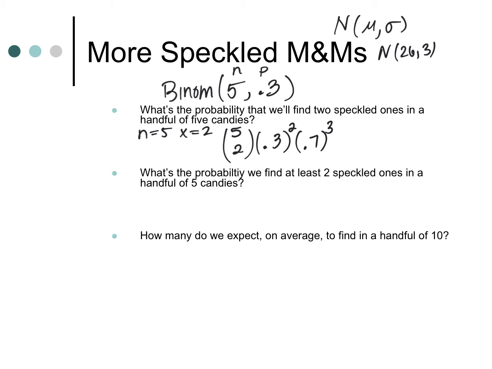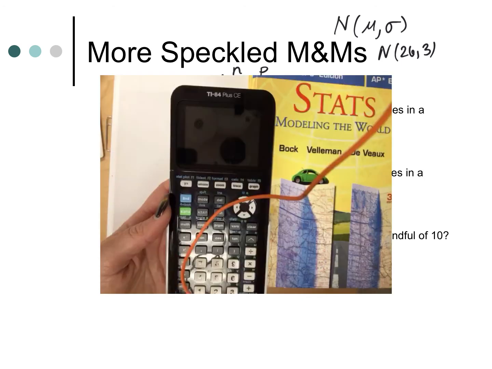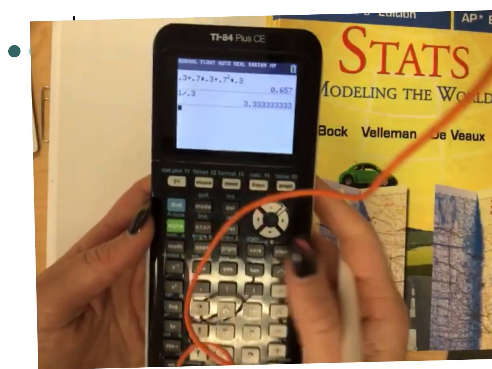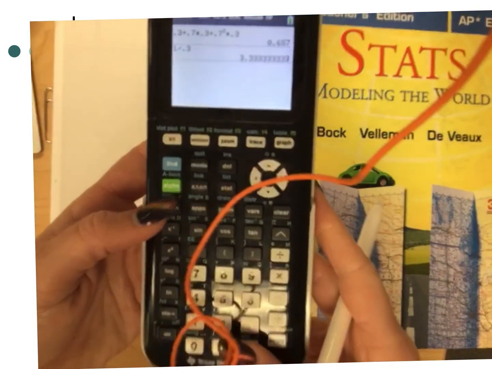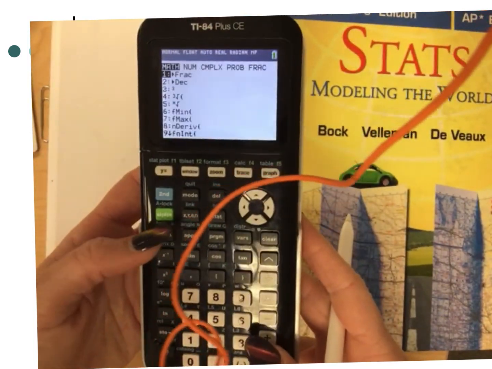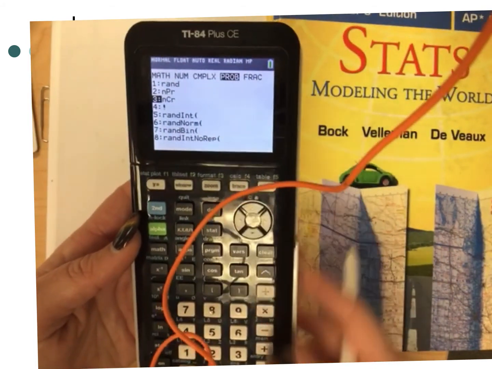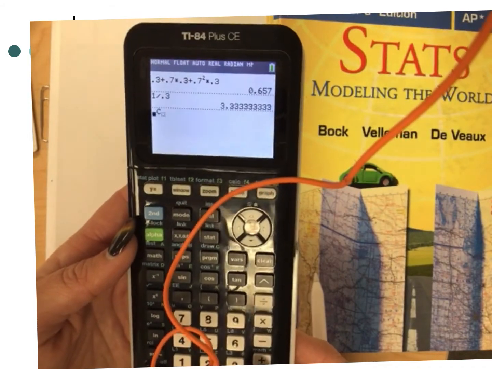Okay. In the calculator, how do we plug this in? In my calculator, we're going to hit math, go to probability, and go to nCr.